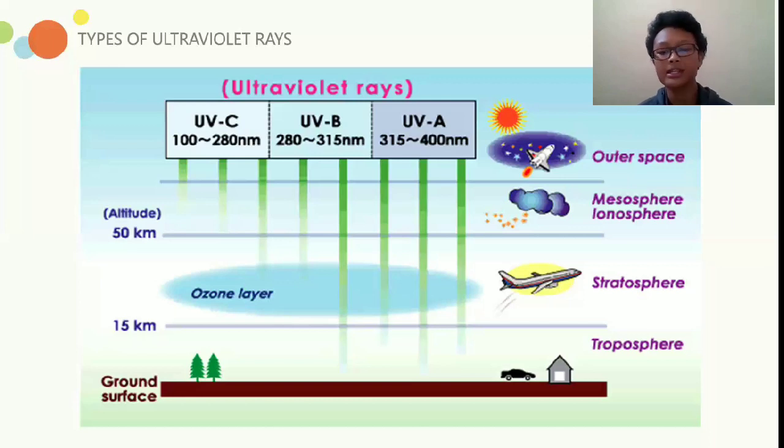The beneficial effect is disinfection of drinking water and sterilization of apparatus. And the harmful effect is skin damage and skin cancer. UVC comes from the sun to the mesosphere.